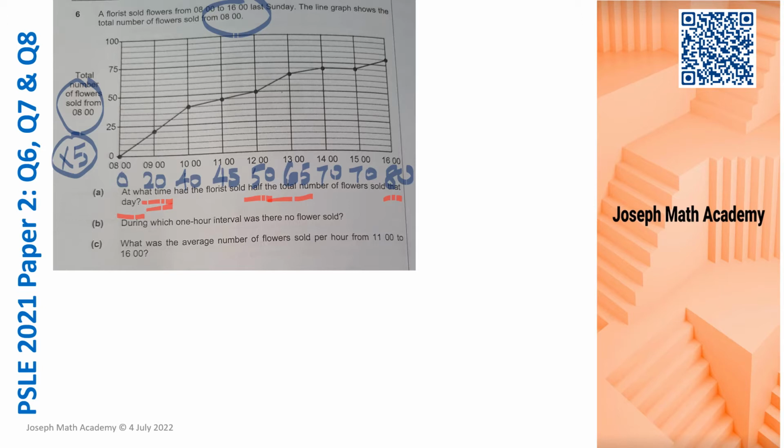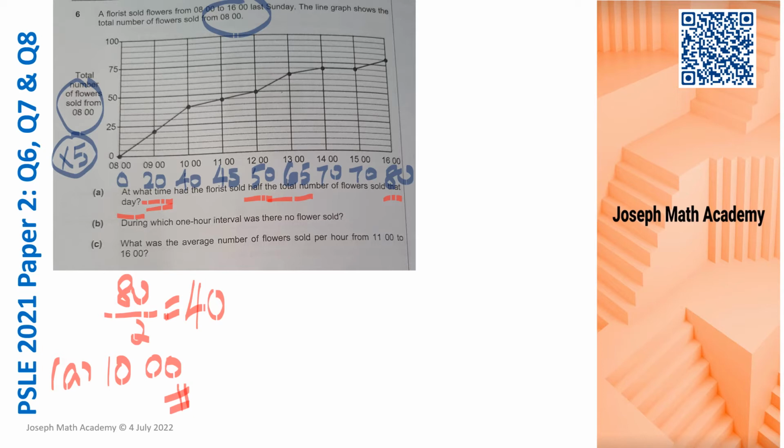At 4 p.m., 80 were sold, and half of 80 is 40. Which time slot shows 40 flowers sold? Definitely at 10 o'clock. So part A is done, 10 o'clock.